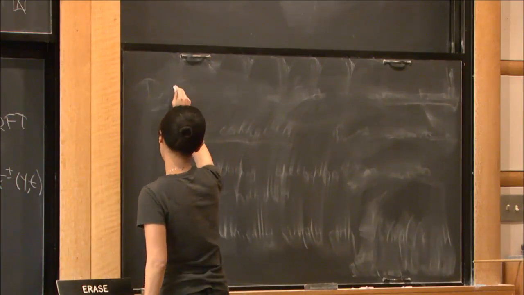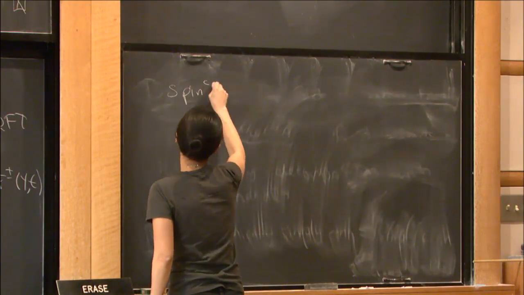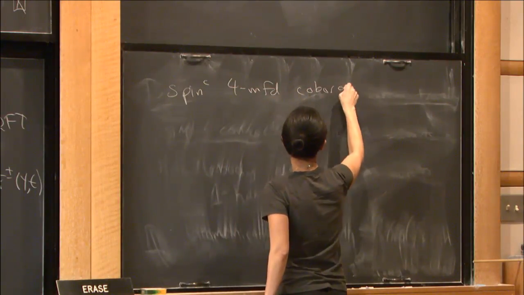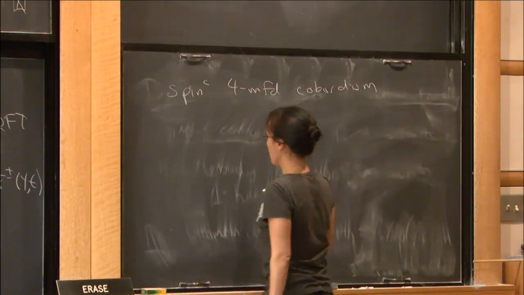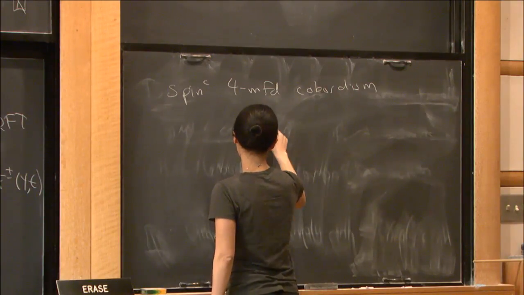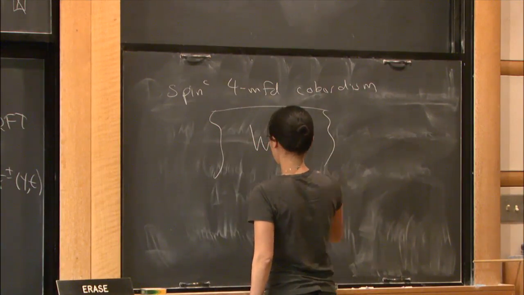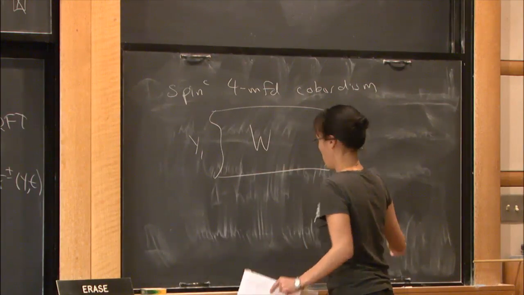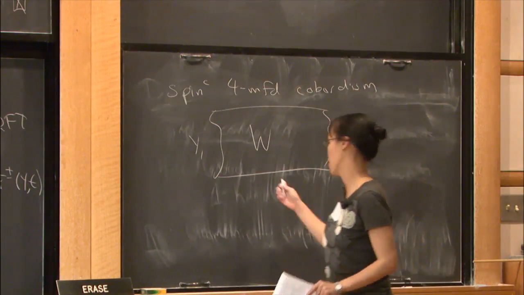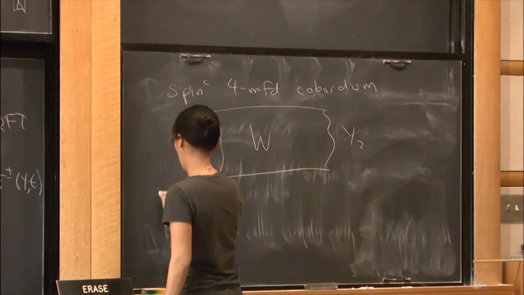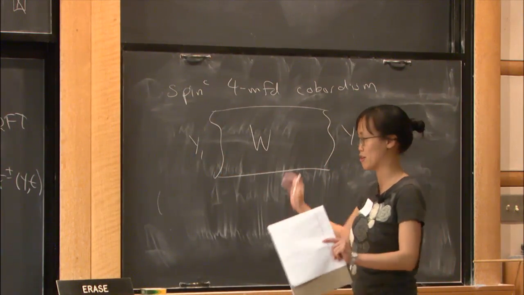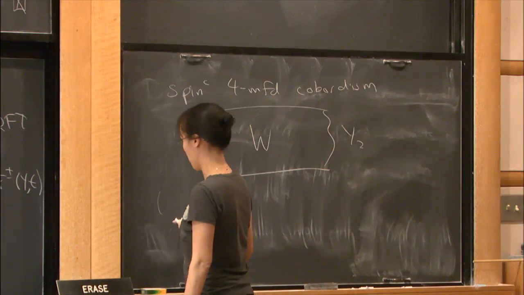So if you have, let's say, a spin-C four-manifold cobordism, that looks like a four-manifold W. On one end we see Y1, on the other end we see Y2. And there are spin-C structures everywhere, which, if you haven't thought much about Heegaard Floer homology, you can just ignore all the spin-C stuff. It's maybe more for the experts.